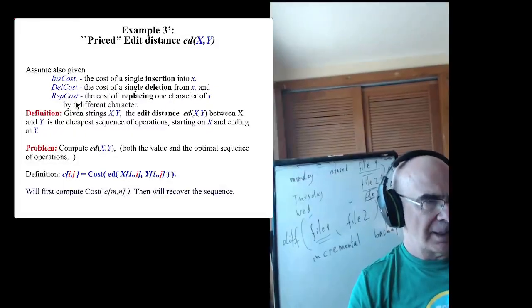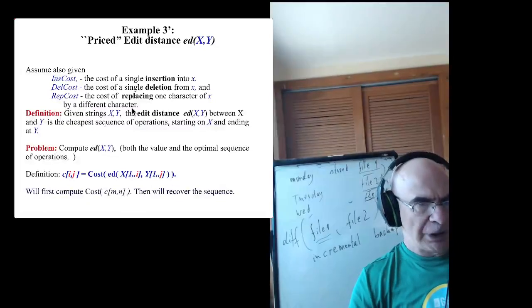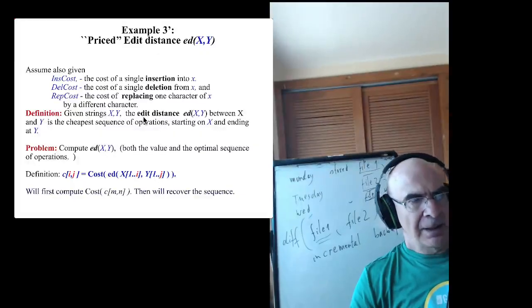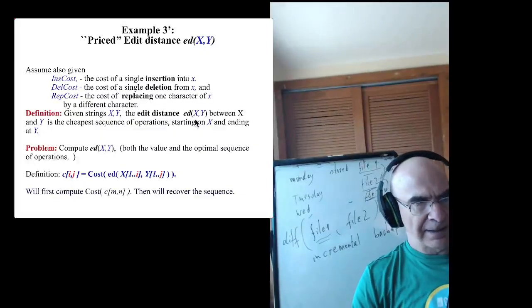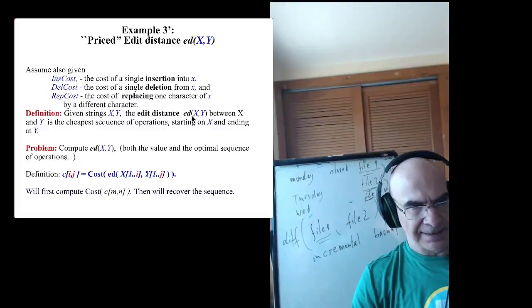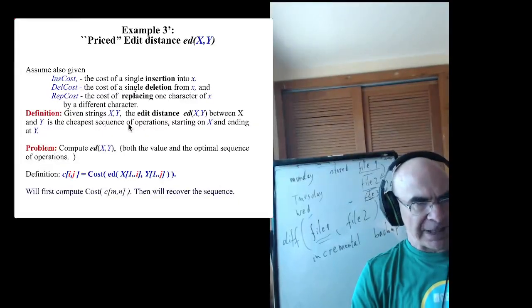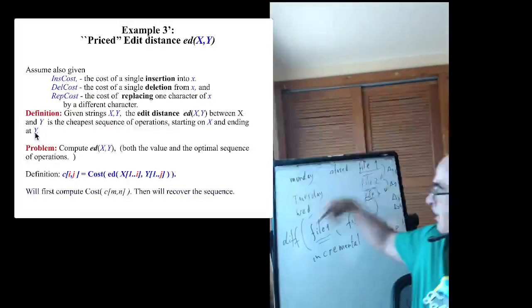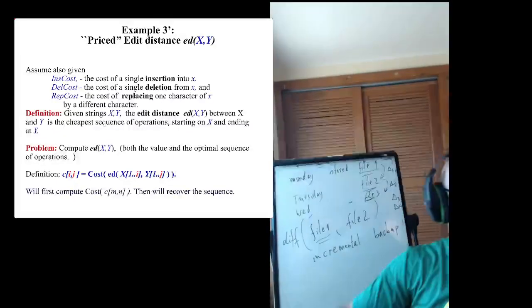Okay, so in this very simplistic version, there are only 3 operations: insert, delete, and replace, each with a constant cost for a single character. Which problem are we going to answer? Given 2 strings, x and y, we define the edit distance, ED, between x and y as the cheapest sequence of operations that starts at x and ends at y, that will take file 1 and generate file 2.